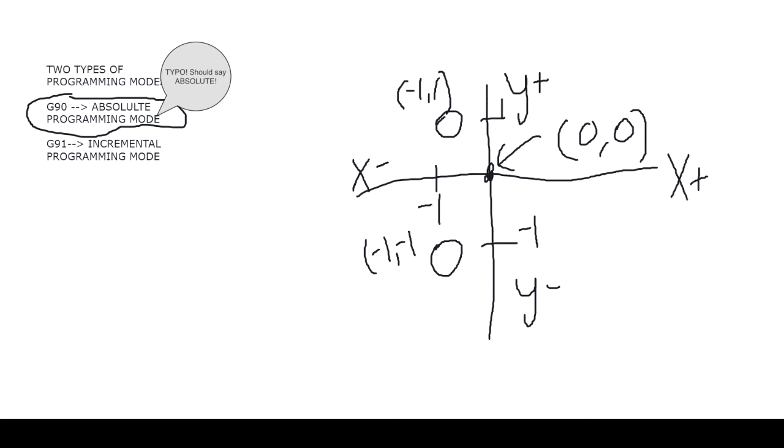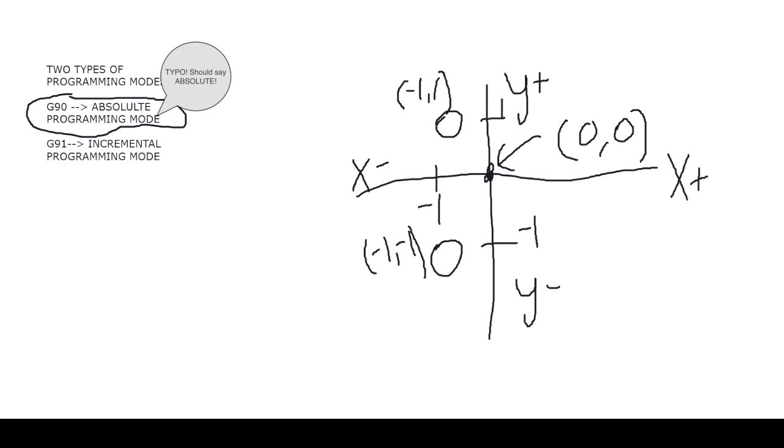So you're working off this fixed 0 point of 0, 0. When you're at the machine, you're going to edge find and set your work coordinate system to a 0, 0. And if you're in an absolute programming mode, that's where the machine will move off that fixed 0, 0 to whatever location you tell it.